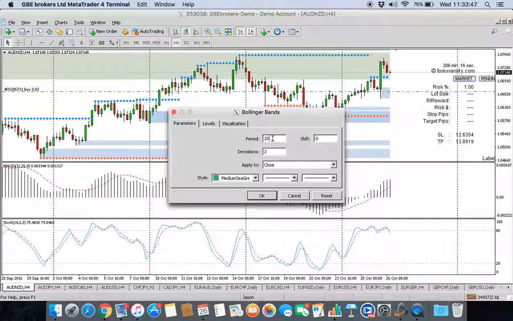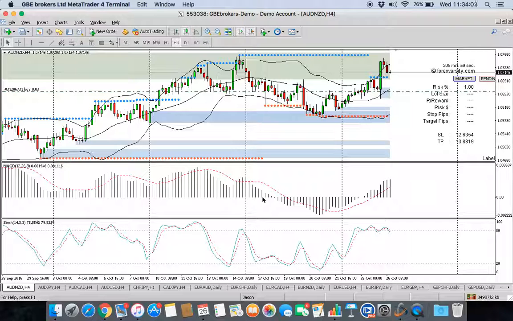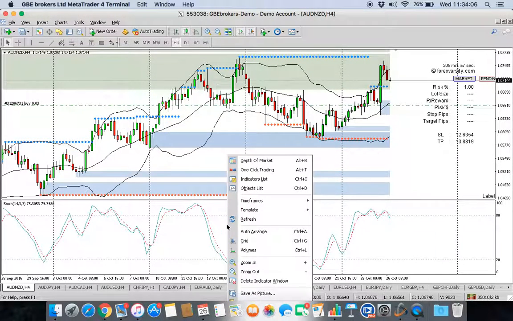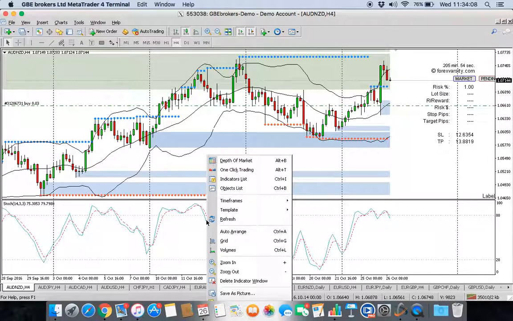I'm going to show you guys, you don't need to use 2 of those Bollinger Bands. The same concept applies with these Bollinger Bands. So it's just 21 with a deviation of 2. I'm going to just make it black, and make it like that.